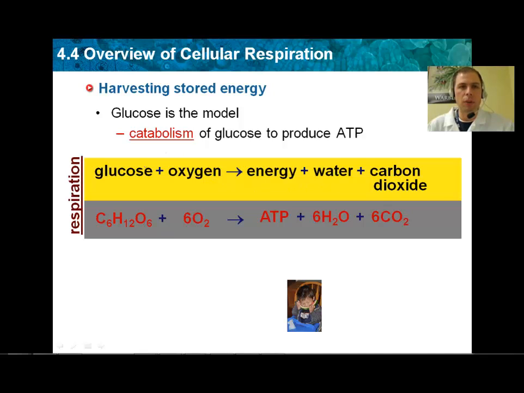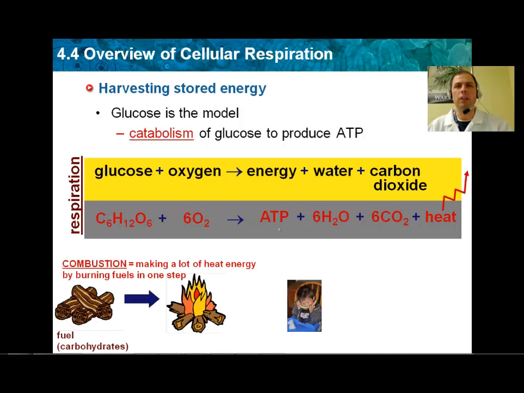Now I want you to remember that when we are oxidizing this molecule to produce a 1-carbon compound from a 6-carbon compound, the components that we need in oxygen here may make us think about taking other fuels and burning them in the presence of oxygen to produce energy. Think about, for example, the production of heat that occurs when you take wood and you light it on fire. Wood, it's got carbohydrates inside of it. Think about all the cellulose and the other carbohydrates that make it up.